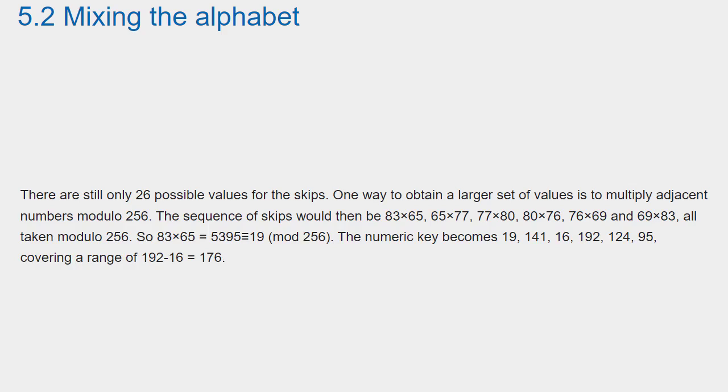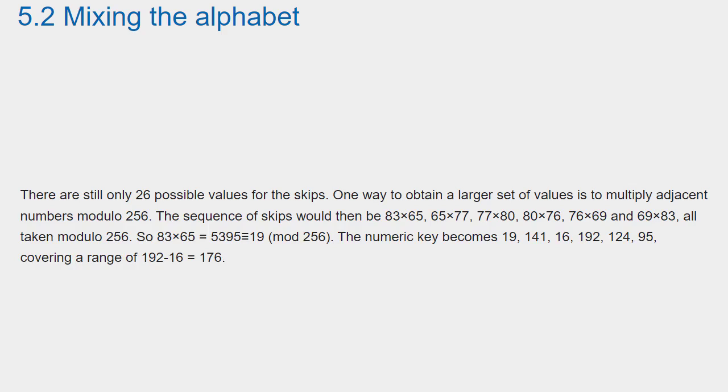One way to obtain a larger set of values is to multiply adjacent numbers modulo 256. The sequence of skips would then be 83 times 65, 65 times 77, 77 times 80, 80 times 76, 76 times 69, and 69 times 83, all taken modulo 256.